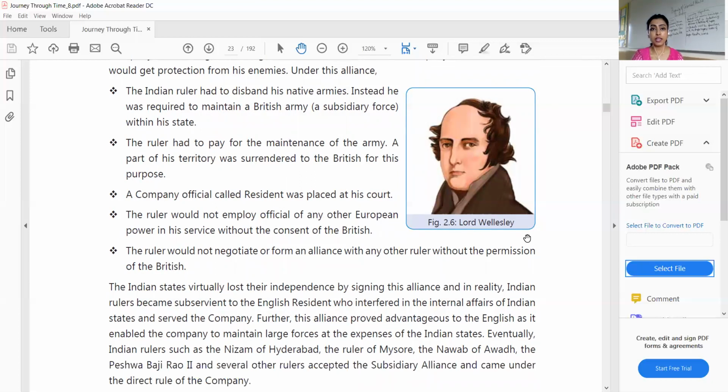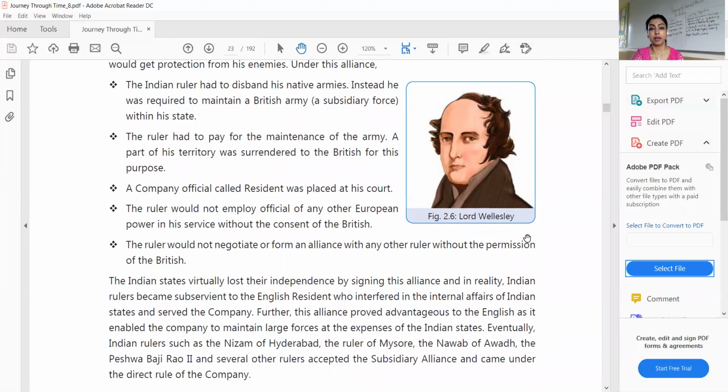And after this, slowly and gradually, Indian rulers such as the Nizam of Hyderabad, the rulers of Mysore, the Nawab of Awadh, the Peshwa Bajirao II, and several other rulers accepted the subsidiary alliance and came under direct rule. Slowly, many rulers started to come under the control of the English East India Company after the introduction of this subsidiary alliance.